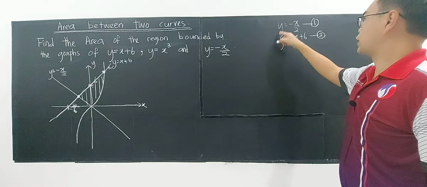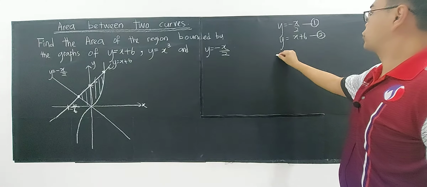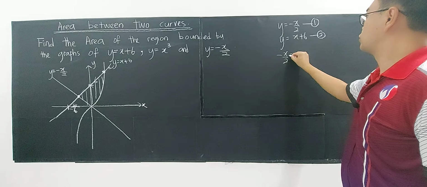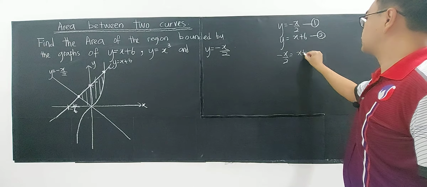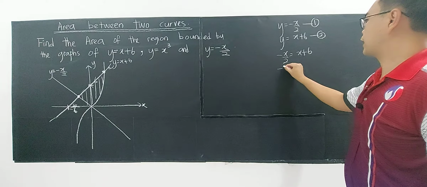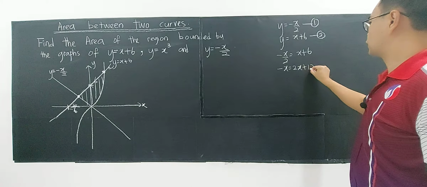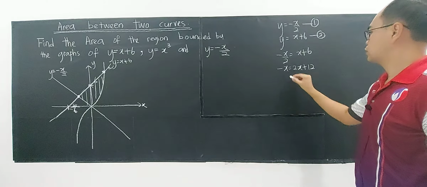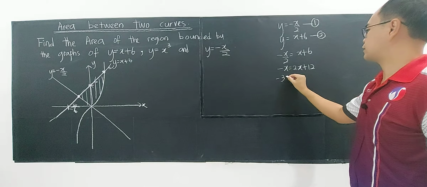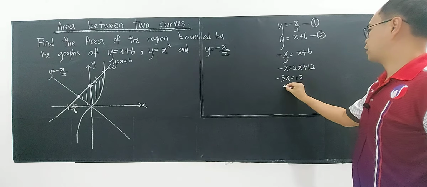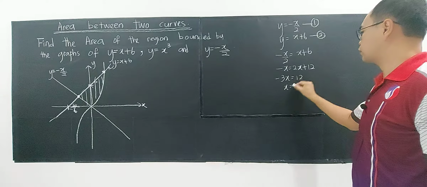We equate the y, so we have negative x over 2 equals x plus 6. Multiplying both sides by 2, we have negative 3x equals 12, and we get x equals negative 4, only one value.